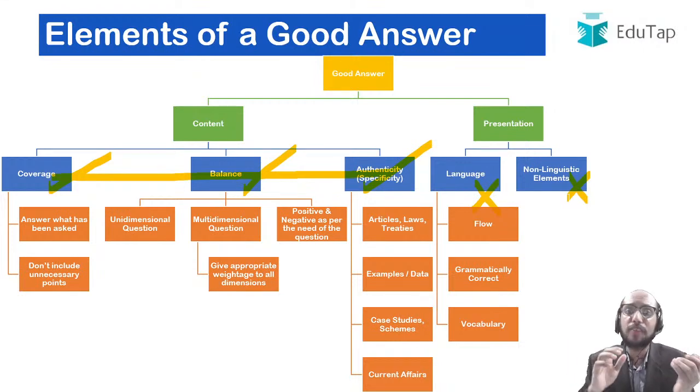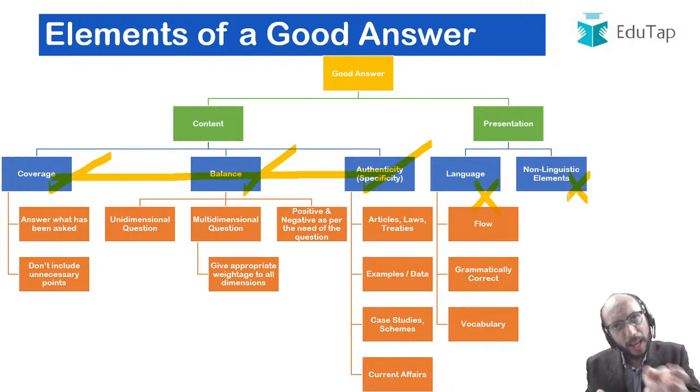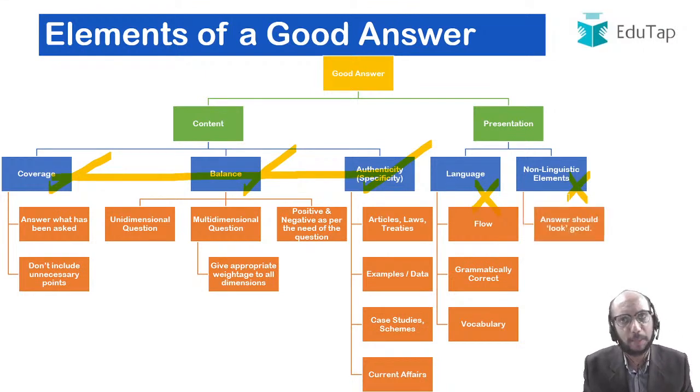It helps you in giving a proper impression to the examiner that yes, you know the issue that you are talking about. So having this right set of words, having these appropriate words, right, that will be very helpful in the examination. If we talk about non-linguistic elements, right, the answer should look good.